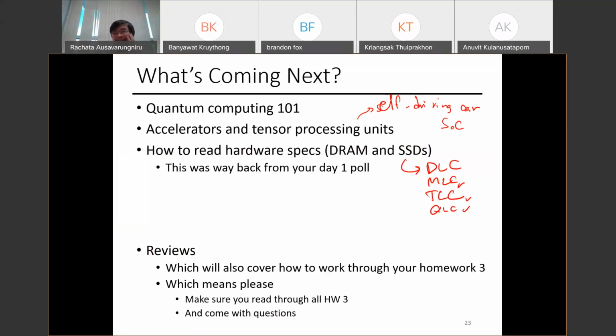Anything else that you want to know beyond the scope of the first poll that I had, now that you have learned all the necessary fundamental topics in architecture? Anything else that you want to know besides these three bullet points? Please feel free to say anything. These are not going to be on your exam.